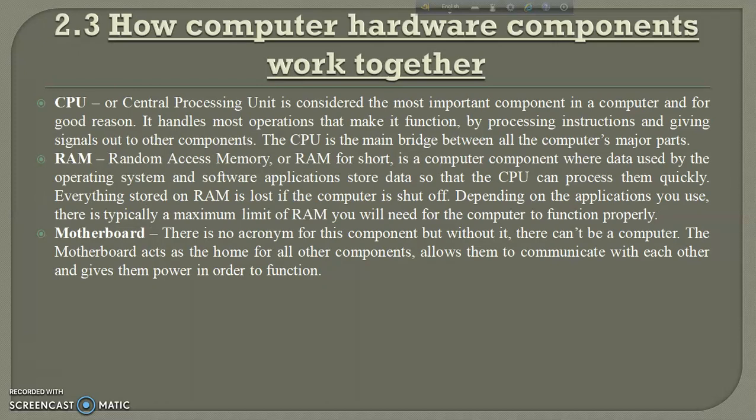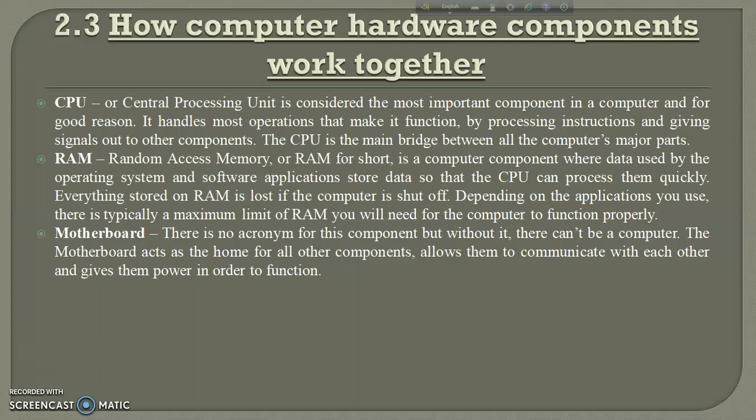2.3 How computer hardware components work together. CPU, or Central Processing Unit, is considered the most important component in a computer, and for good reason. It handles most operations that make it function. By processing instructions and giving signals out to other components, the CPU is the main bridge between all the computer's major parts.